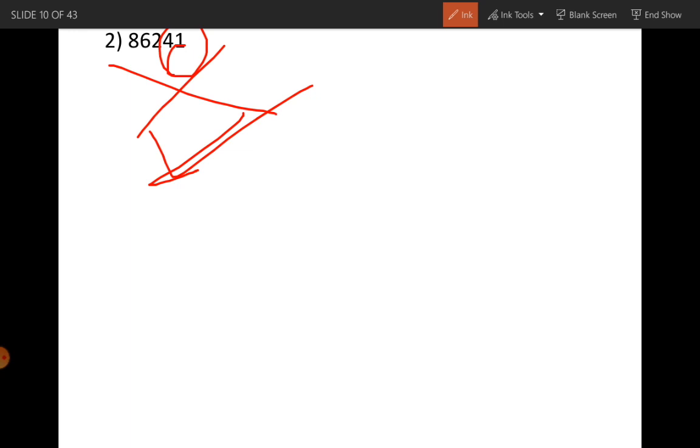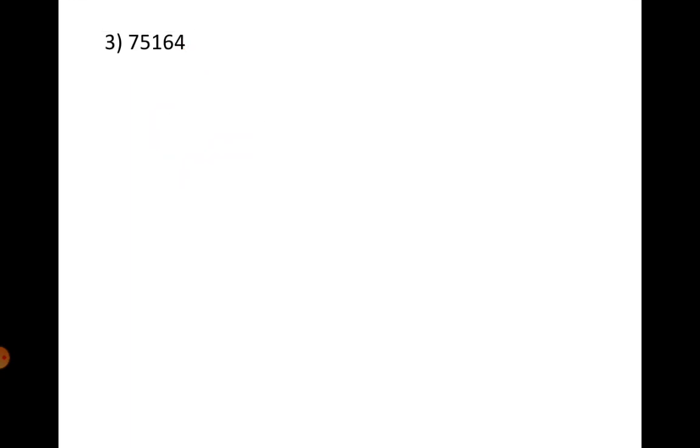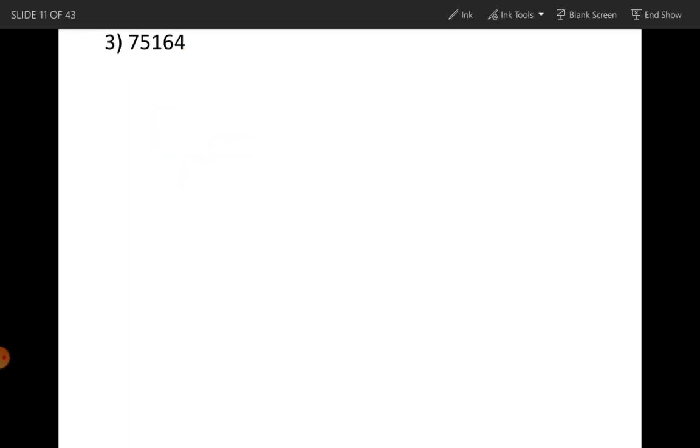And next, 86,241. Here 41 is not completely divisible by 4, so this number is not divisible by 4. And 75,164.